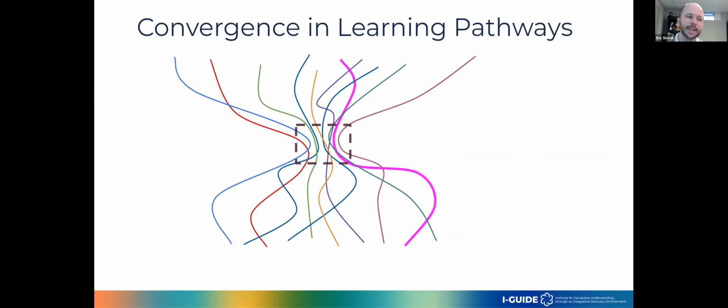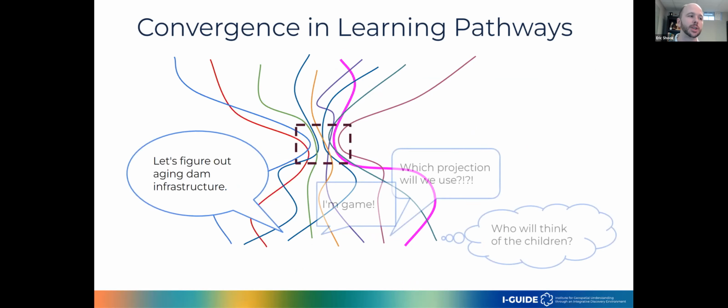So what does that kind of look like, or how do we envision this? Well, you can imagine pulling a swath of scientists from a variety of different backgrounds and saying, we're going to tackle this problem. One of the major problems that iGuide's trying to tackle right now is aging infrastructure, and specifically aging dams.